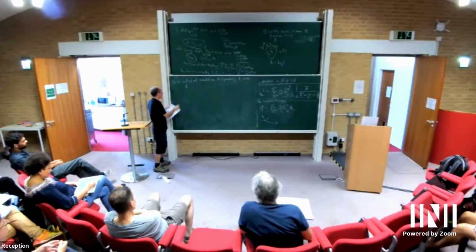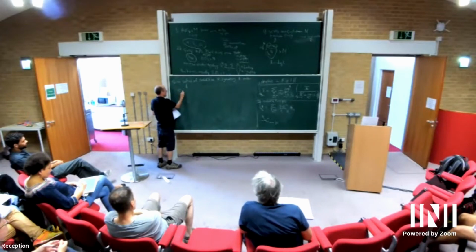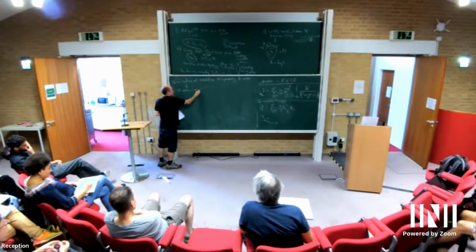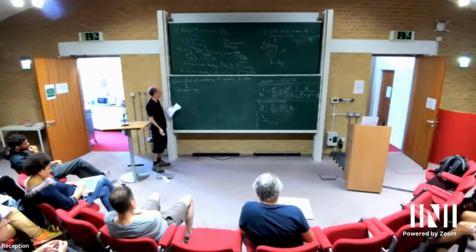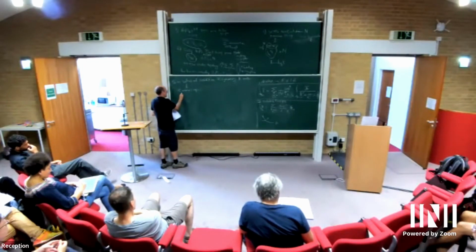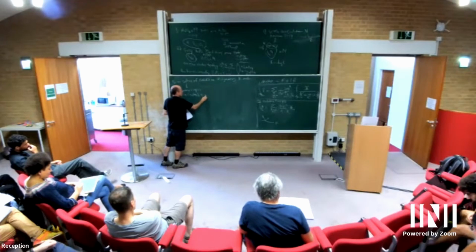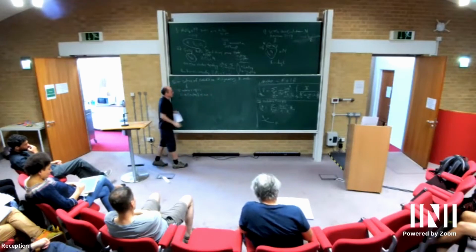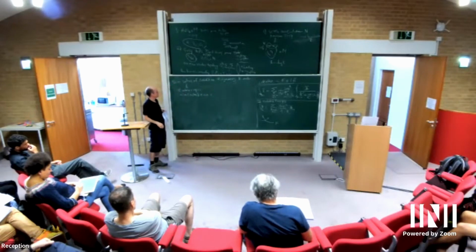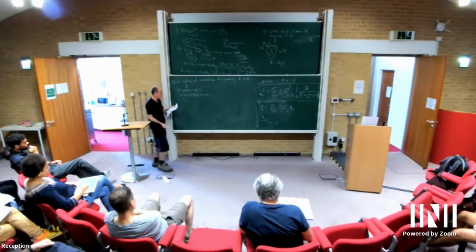I'm going to be schematic here, but we have Einstein's equations for a supergravity theory. We want to solve those equations. There will be some flux or matter equations of motion. We need to solve those.